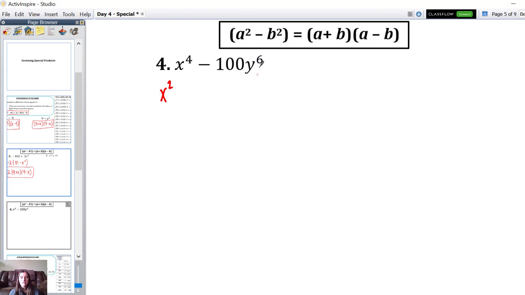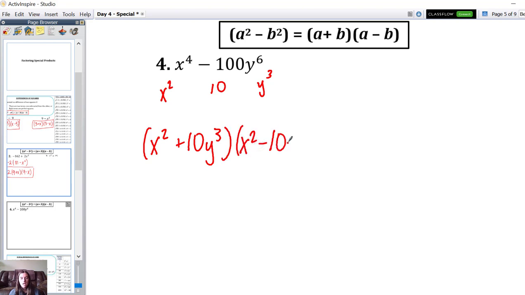The square root of y to the 6th is y cubed. So I'm going to be using these as well as 10 in my factored form. So we've got x squared plus 10y cubed and x squared minus 10y cubed. And there's our factored form.